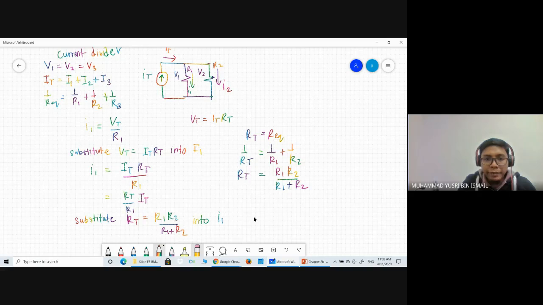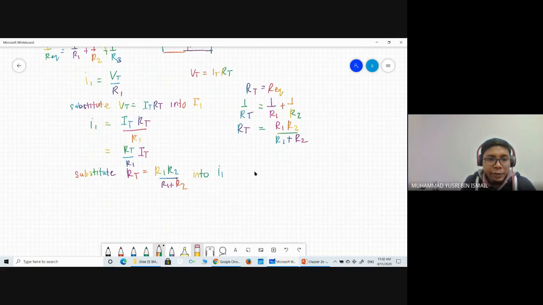So you will have I1 equal to R1 R2 over R1 plus R2 times, actually it is divided, so 1 over R1 times I total.